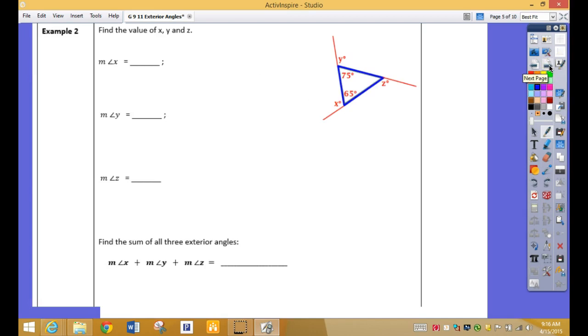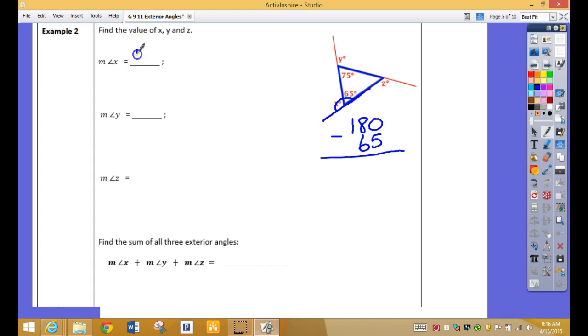Now they want us to find the value of x, y, and z. Well, first of all, x. So we just learned that these two are supplementary. They form a straight angle. They have to equal 180. So you would take 180 degrees minus 65, and then you end up with your angle x in this case, because that's what we did first.